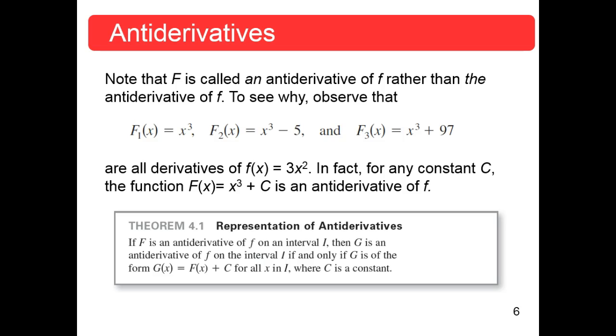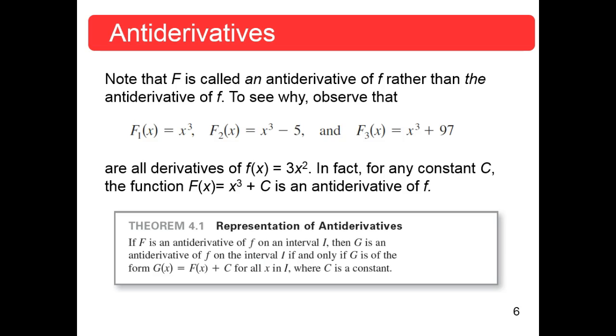Say f1 was x cubed. Fine, that's what we just said. But let's do another, x cubed minus 5. Take the derivative of this. What do you get? 3x squared. Take the derivative of this. What do you get? 3x squared. So they're both antiderivatives of 3x squared.